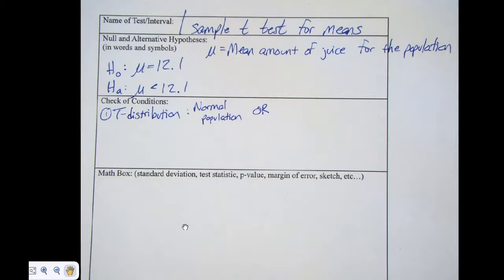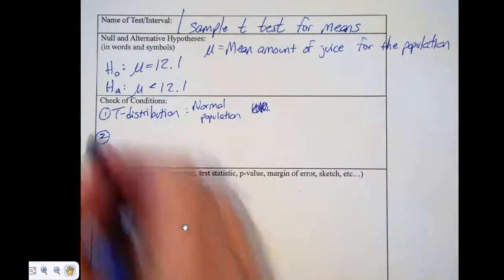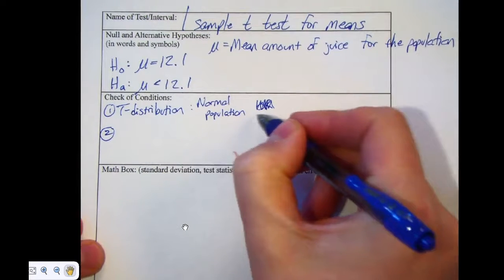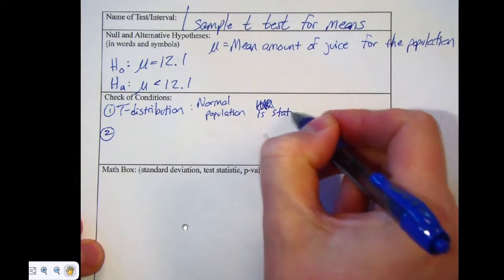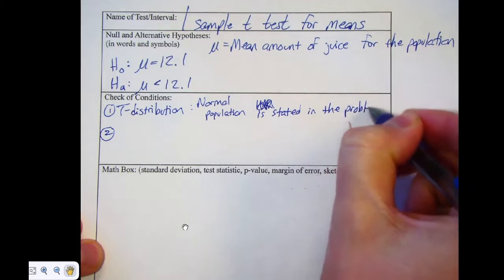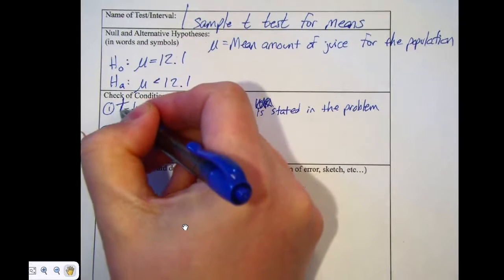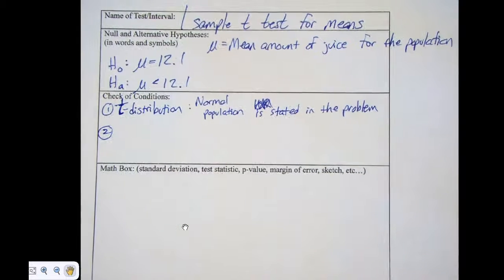Oh wait, this is supposed to be the specific example. Okay, yeah, then we have enough. We're good. Normal population is stated in the problem. Sorry, I started to do the general. That should be a lowercase t, not a capital T. That really matters.